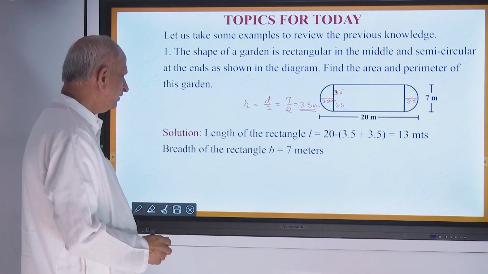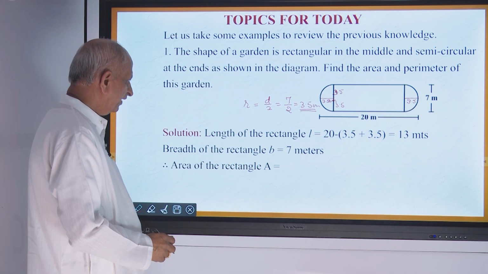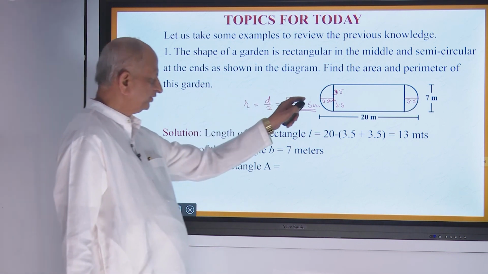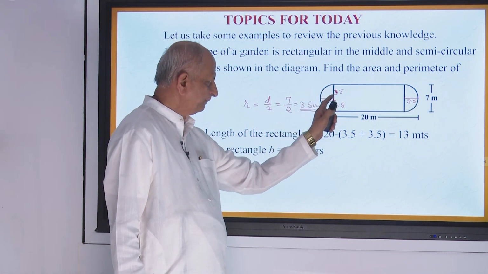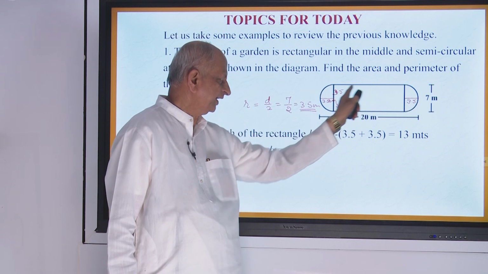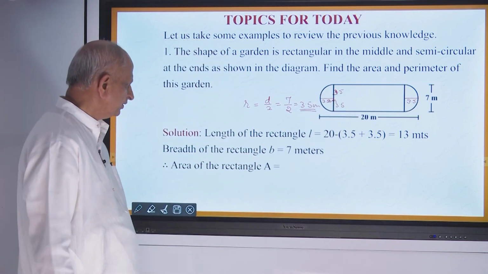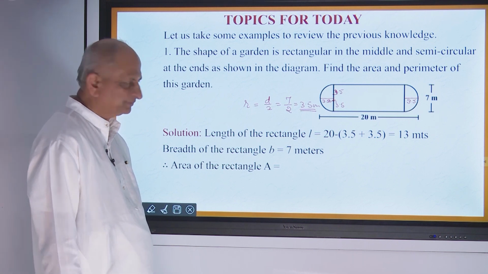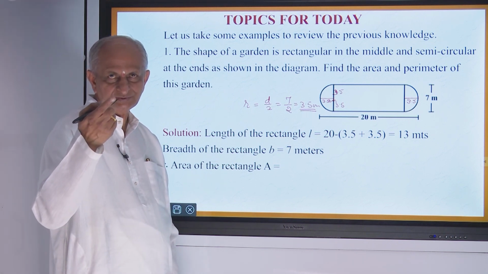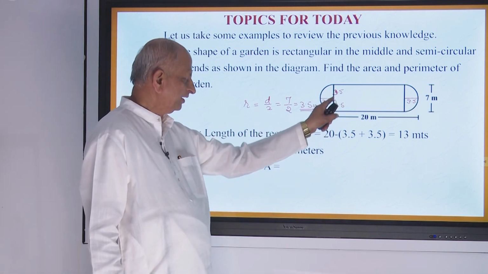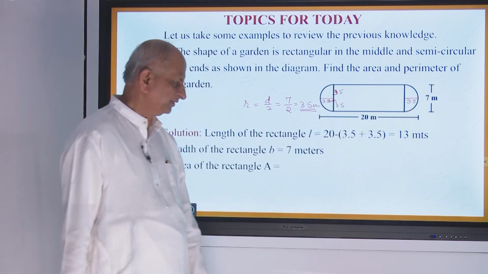And what is the formula? The area of the rectangle, as the shape consists of 3 portions. The first known portion is the rectangle, we know the formula already: length into breadth. Have you noted the figure? No? Write down, come on. Draw the figure, write all the measurements, then only proceed.